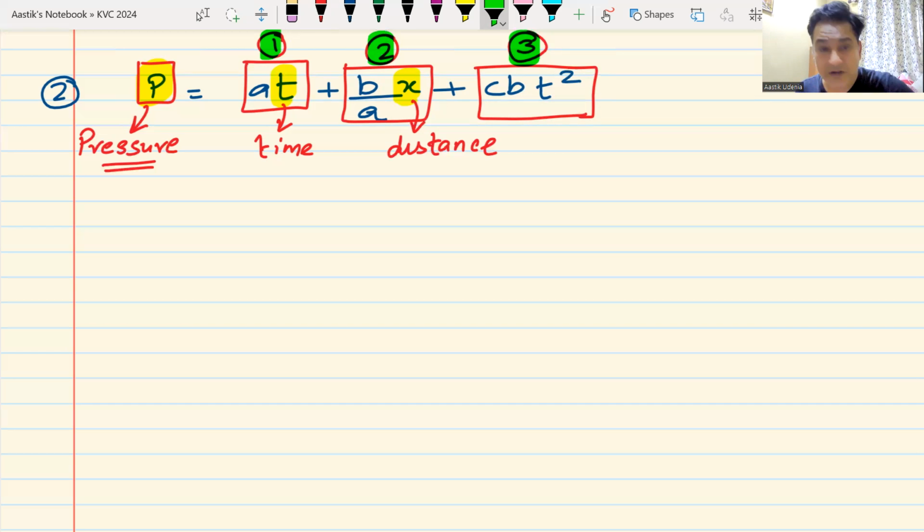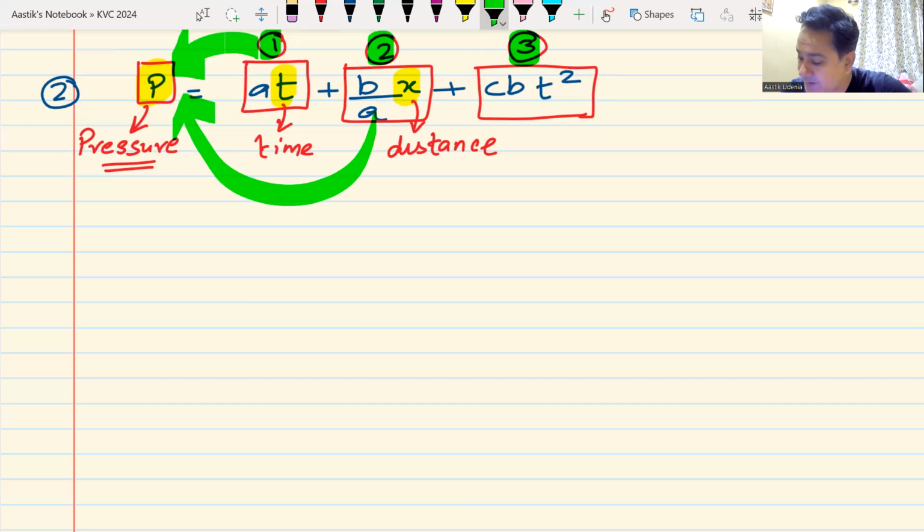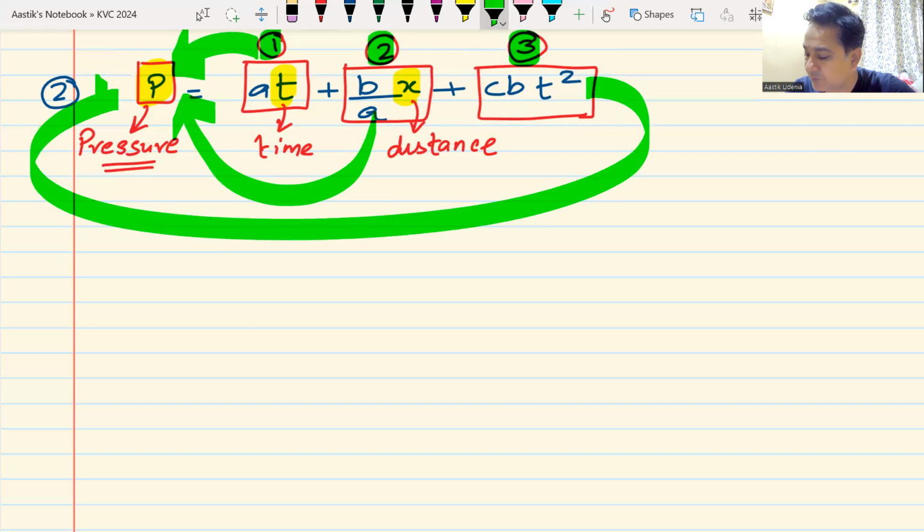So block number 1 would be the same as pressure. Do we understand this? Yes, sir. Similarly, block number 2 will have the same dimension as pressure. Similarly, block number 3 would have the same dimension as pressure.